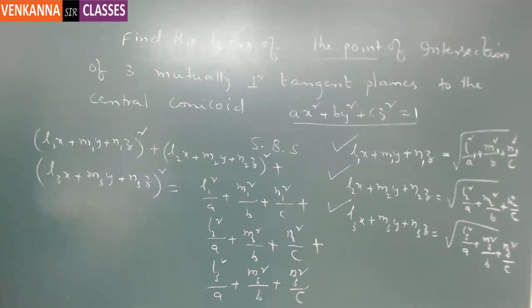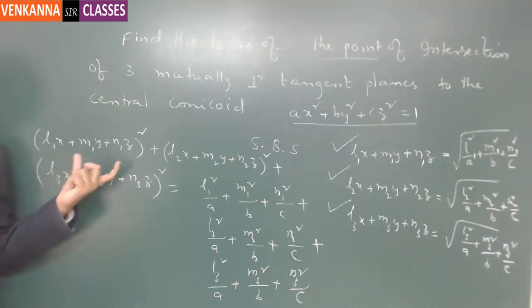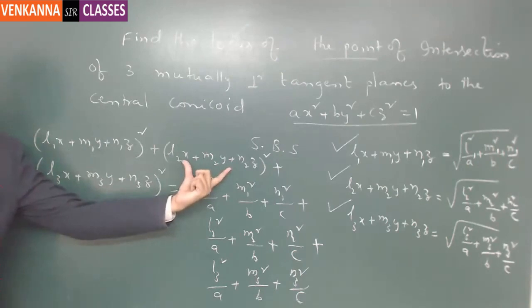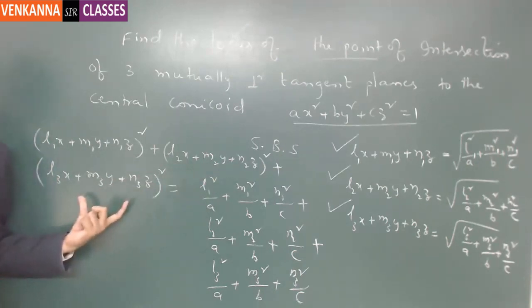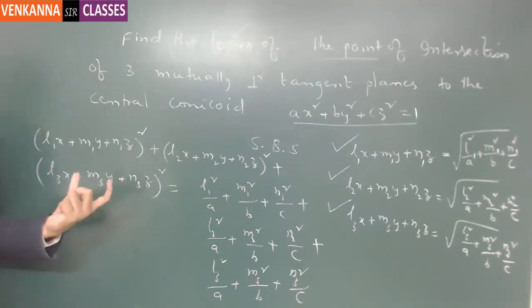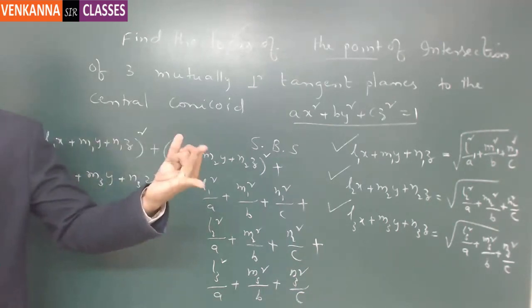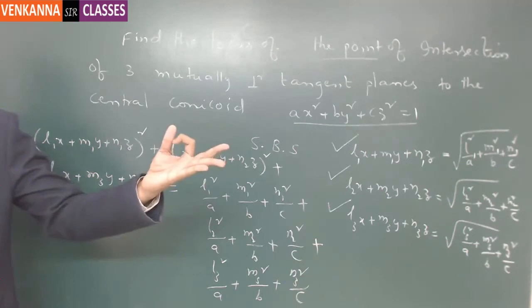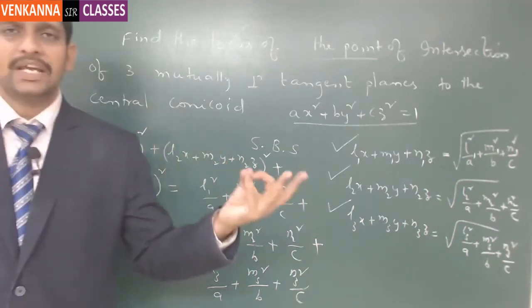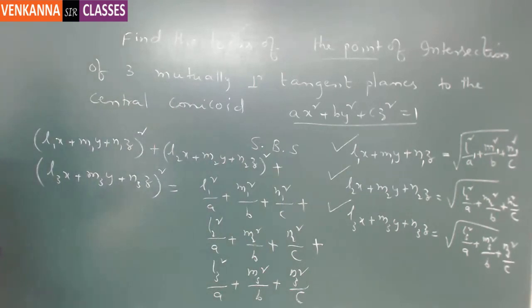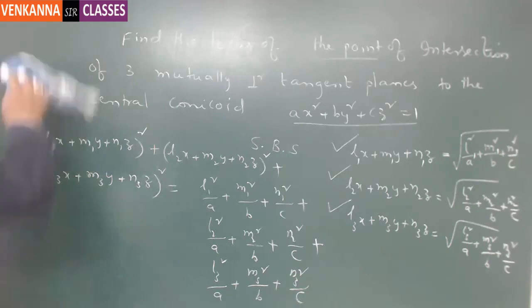Now what happens? You are going to expand the terms. Expand this using A plus B plus C whole square. Again expand this. Again expand this. Now I am going to take the terms as common: x square term, y square term, z square term, the coefficients of xy, yz, zx, etc. So the result will come as, I will make space here.